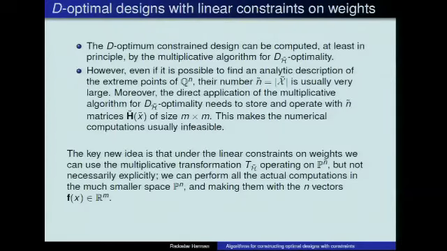So, in principle, the D-optimum constraint design can be computed by the multiplicative algorithm for DH optimality. So that I could simply find, possibly, all the extreme vectors of the constraint set, and then construct these elementary information matrices for all these extreme vectors, and run the multiplicative algorithm for DH optimality, or DH tilde optimality in this case.